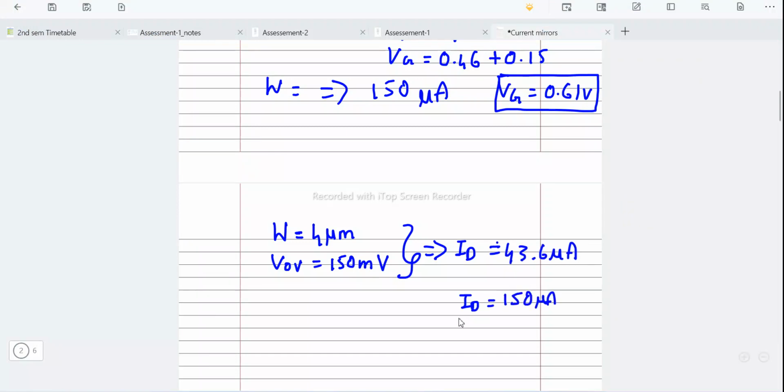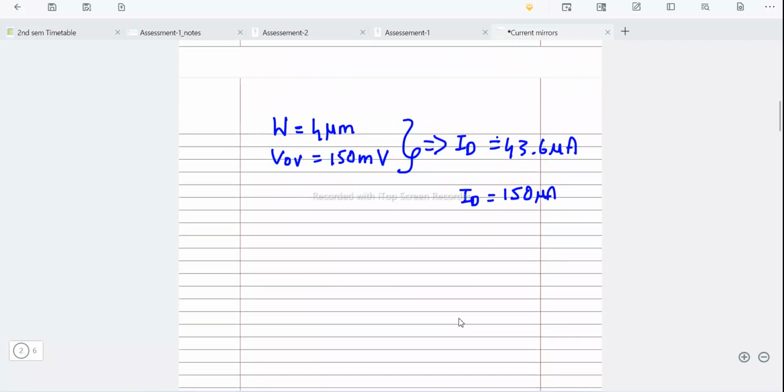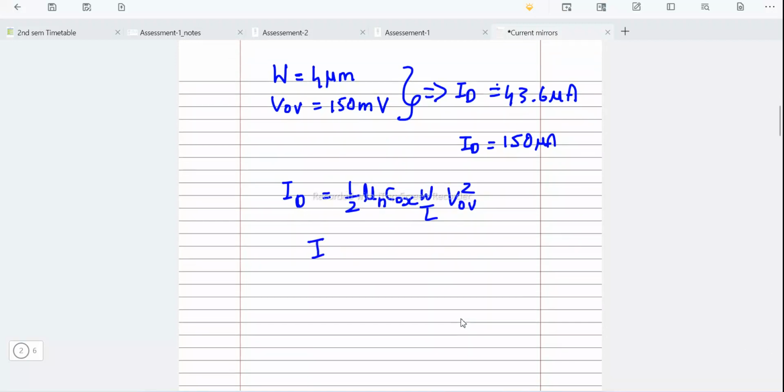So how shall we get there? We know that the drain current equation in saturation is mu Cox W by L times VOV whole square. If we maintain the overdrive voltage, mu, Cox and all constant, ID is proportional to W.